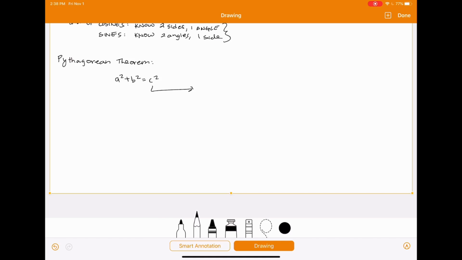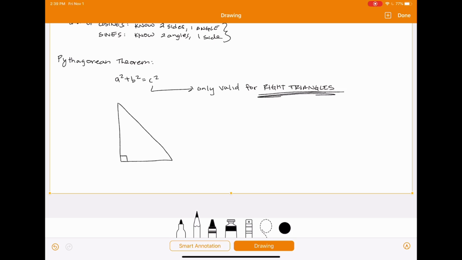Now, this is only valid for right triangles. So if you don't have a right triangle, don't try to use the Pythagorean theorem because it won't work.